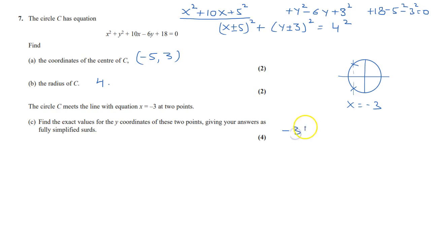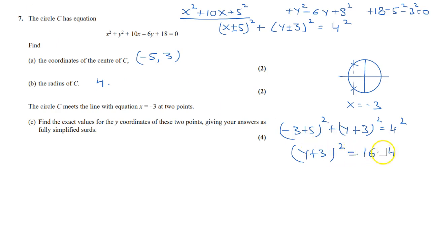So minus 3 plus 5 square plus y plus 3 square is equal to 4 square. So y plus 3 square is equal to 16 minus 4, so that is 12.